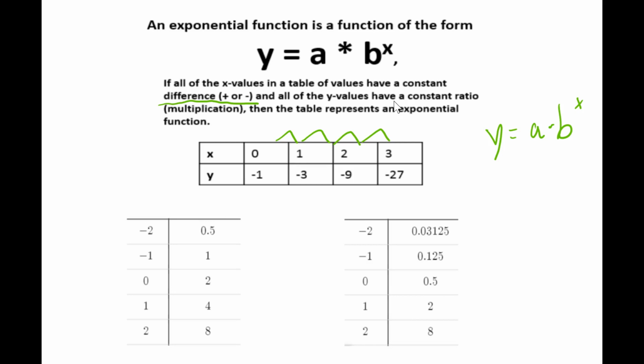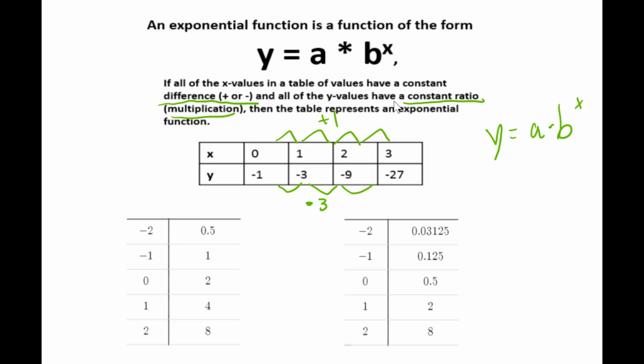It looks like all of these are growing by 1. And then a constant ratio, which means multiplication. It looks like all of these are being multiplied by 3. So this will be exponential because it follows this rule.